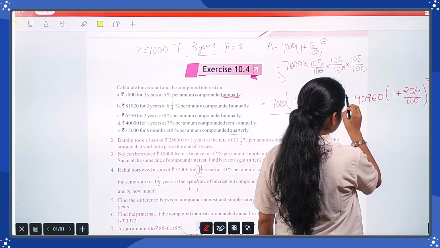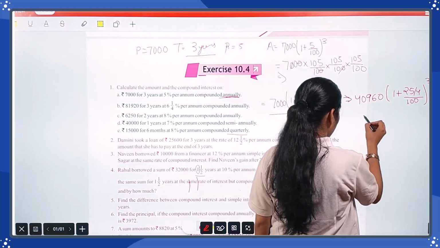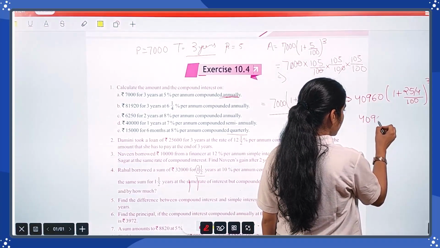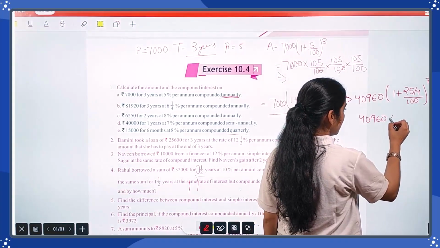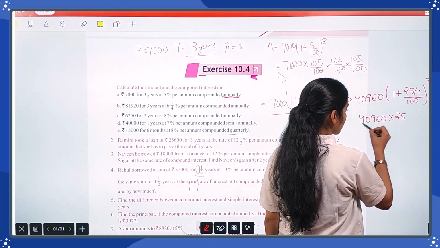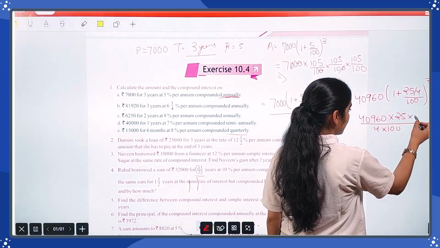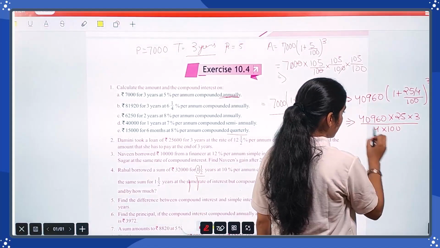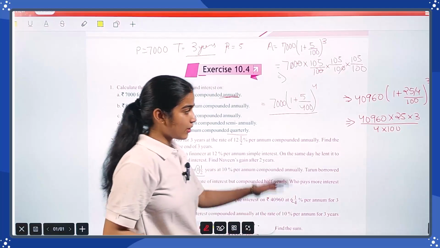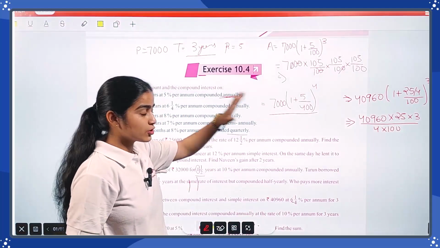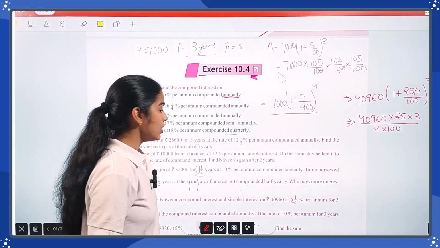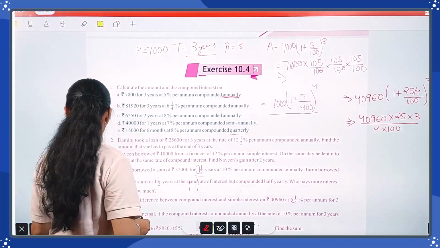You have to solve this first. Then 40,960 multiplied by r, which is 25 by 100, multiplied by 3. Calculate both the answers and then find your difference. I explained how you have to use which formula and how you have to put the values into the formula.